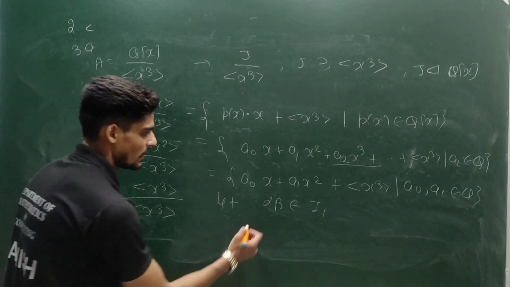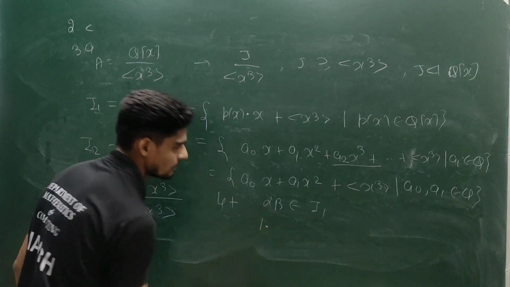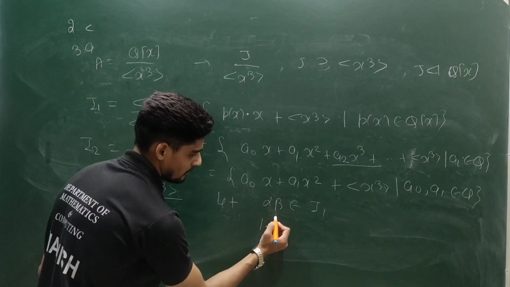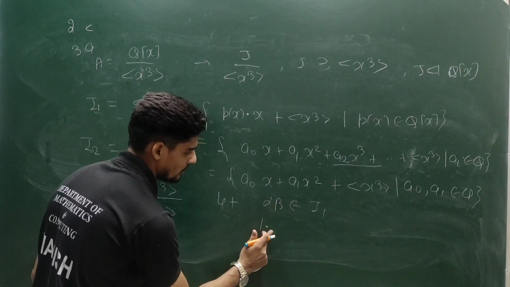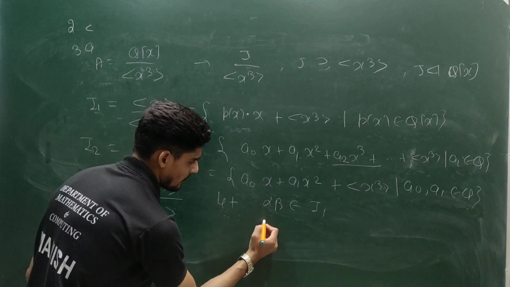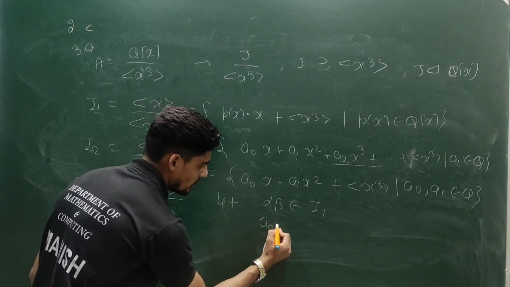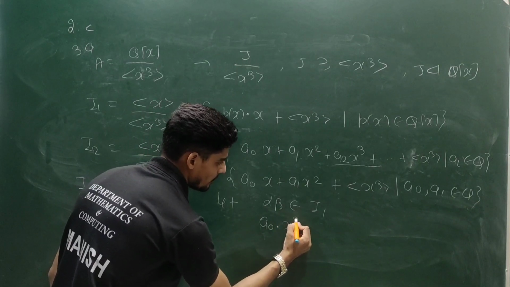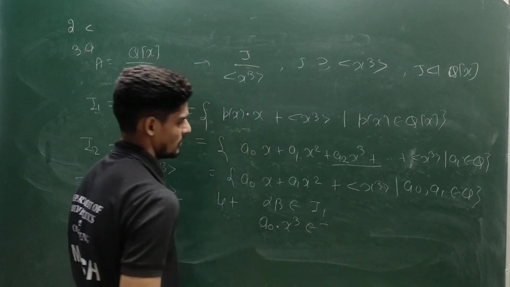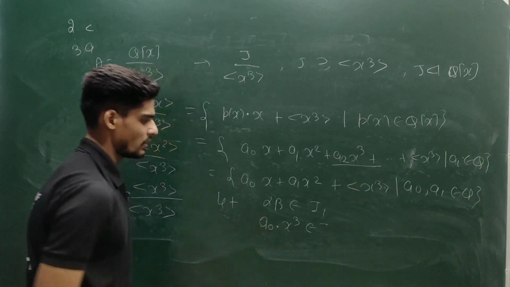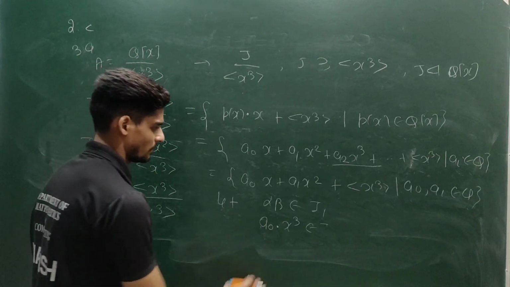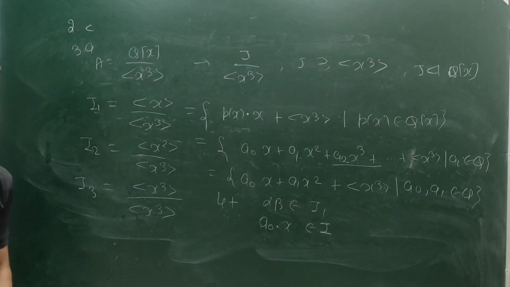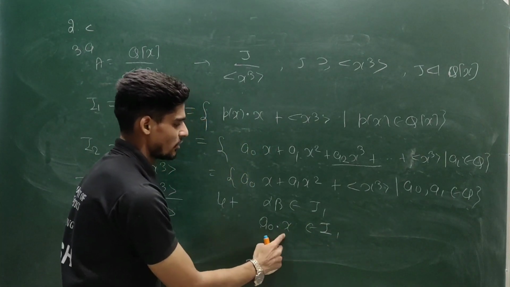Suppose I choose my alpha to be, say, a0 and beta to be, say, x cube. No, let me write not this.